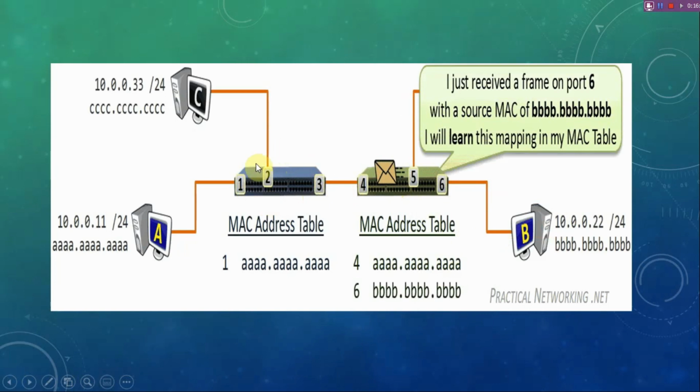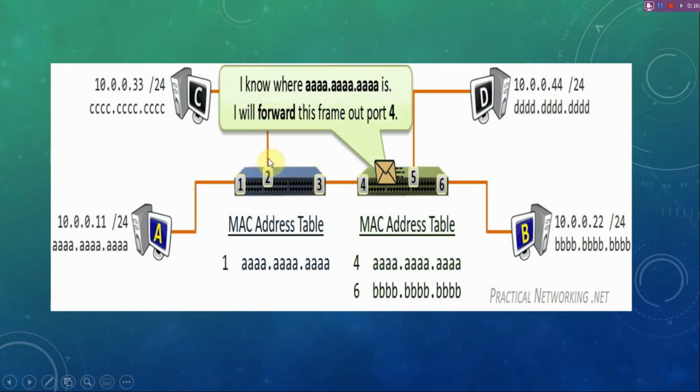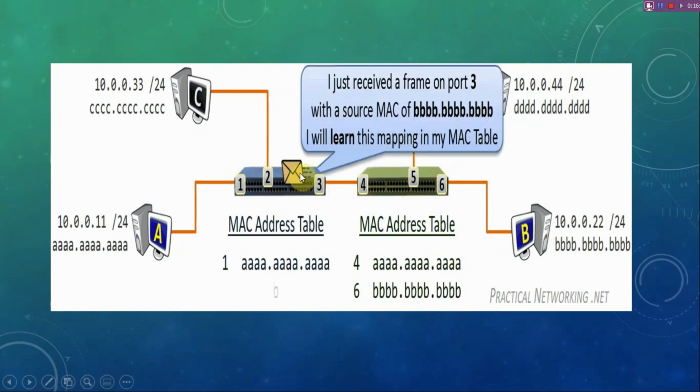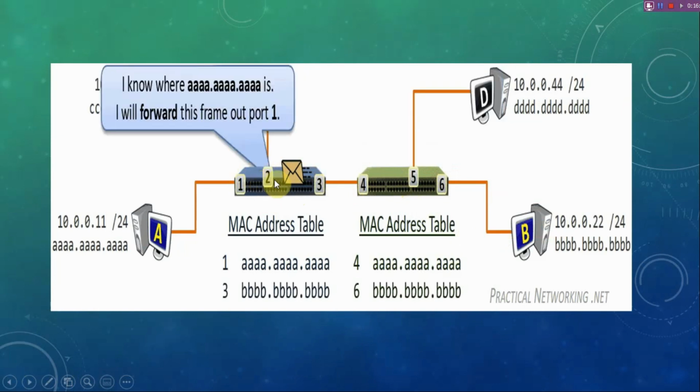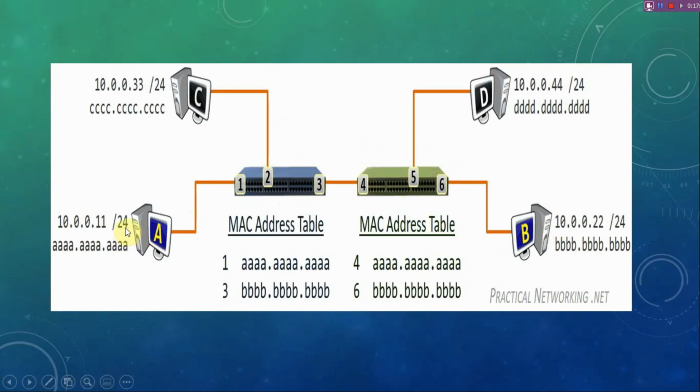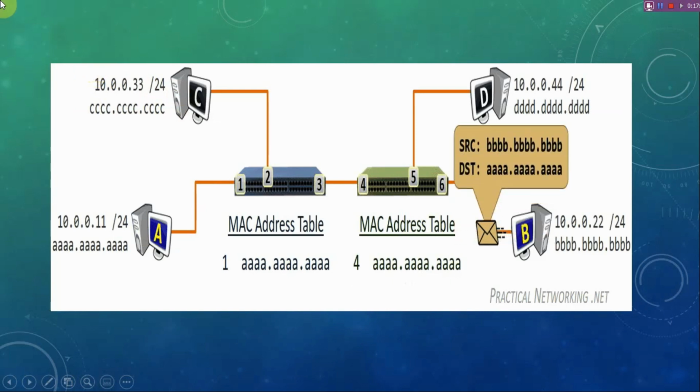Ito yung another switch. Sa switch segment 1. Sa segment 1, hanapin niya ngayon dyan sa table niya kung nandyan si AAA address. Then, kapag nakita niya, isi-send niya lang dun sa MAC address ng AAA. Hindi yun nakukuha ni CCC. Okay, gets po ba? Okay, next.